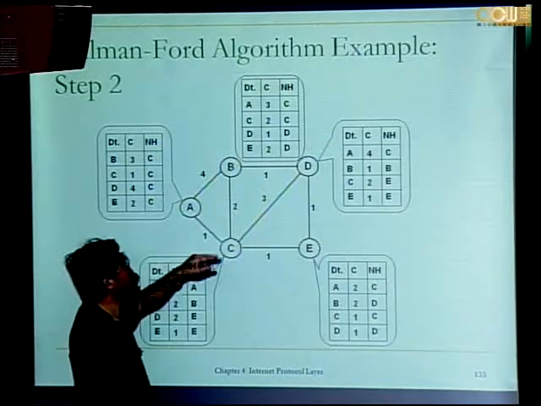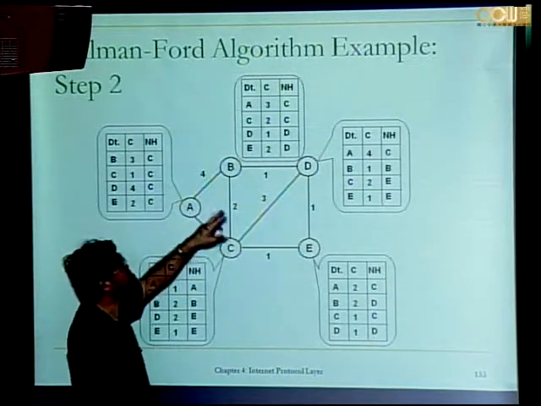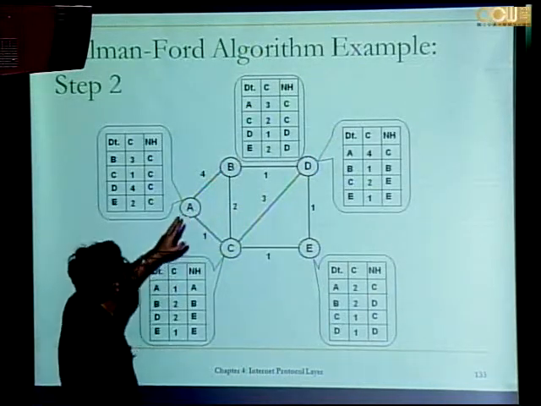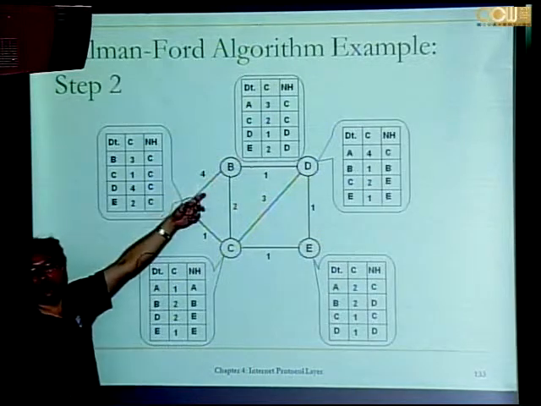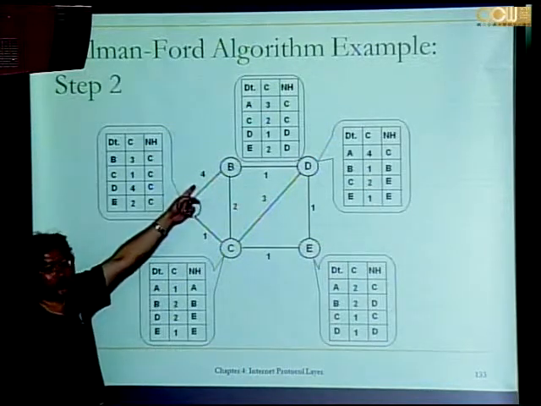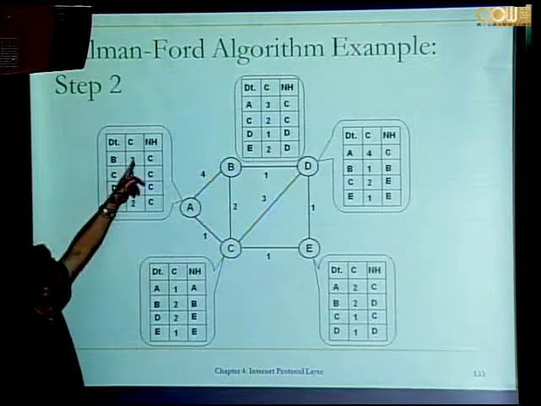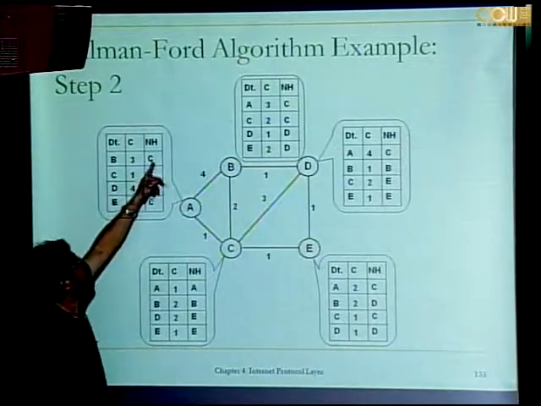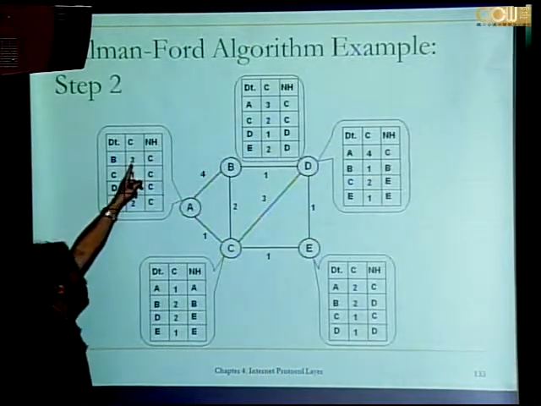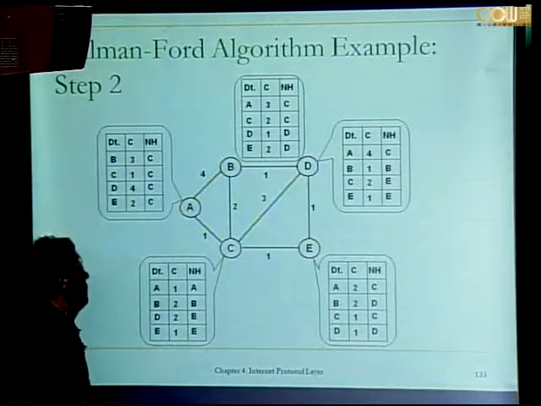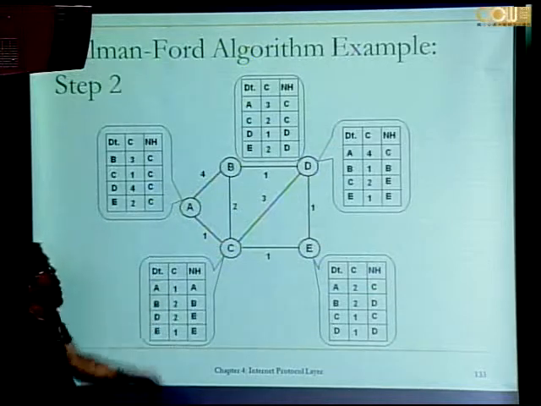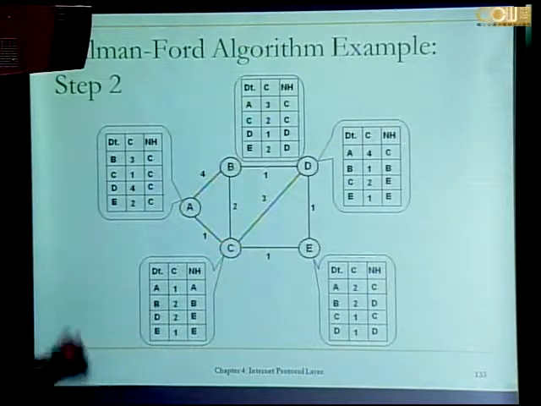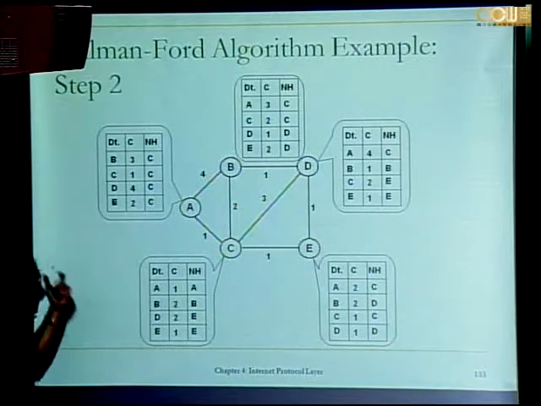So I know the cost to reach B through C will be 3, which is better than what I knew initially. So I change to B: I will go through C instead of going to B directly, and the cost will become 3. I changed because of things told to me by C.